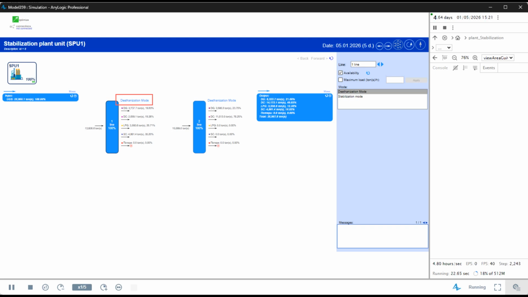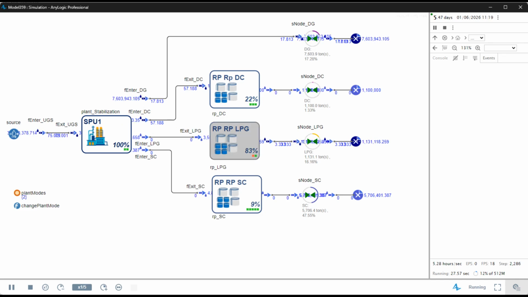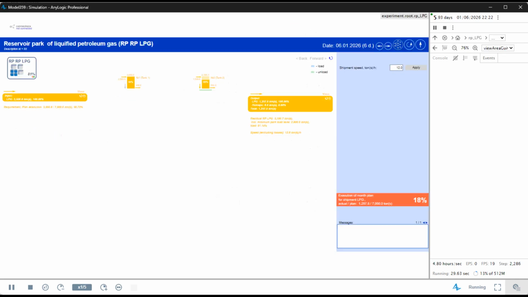At certain periods, both lines switch to deethanization mode simultaneously, as shown now. This behavior is caused by the limited capacity of the NGL receiving tank farm, which periodically becomes completely full. When both tanks are filled and no additional NGL can be accepted, the plant automatically switches to deethanization mode.